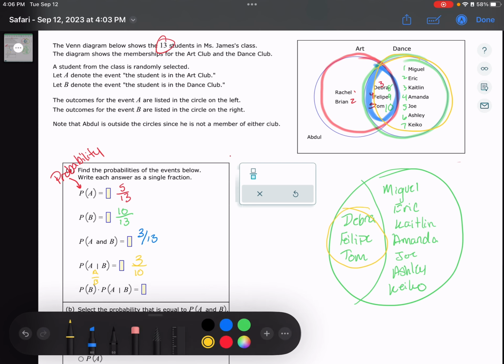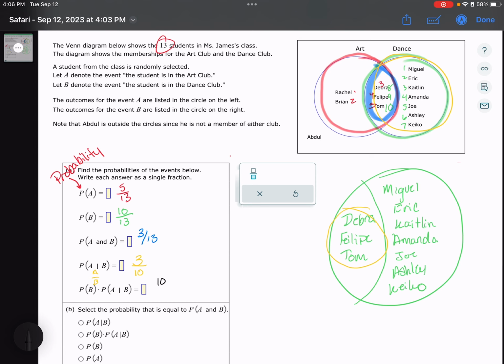The next one, and I know this one's a big one, I'm going to do the probability of B, which was 10 over 13, times the probability of what I just found, which was 3 over 10, which will be 3 over 13. And I have 3 over 13 is also A. So probability of A and B is also the probability that I just found when I multiplied those together.